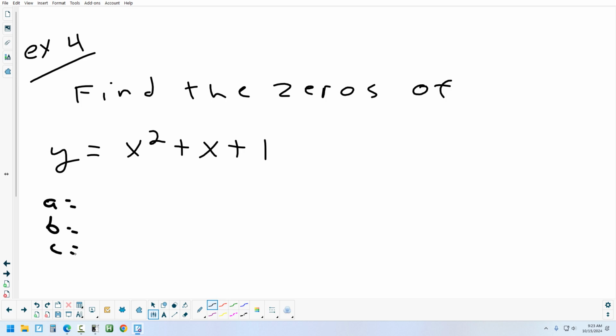Okay, so in this case, Ryan, what's A? Maybe x squared. You're looking in the right area, but it's not a variable. A 0?